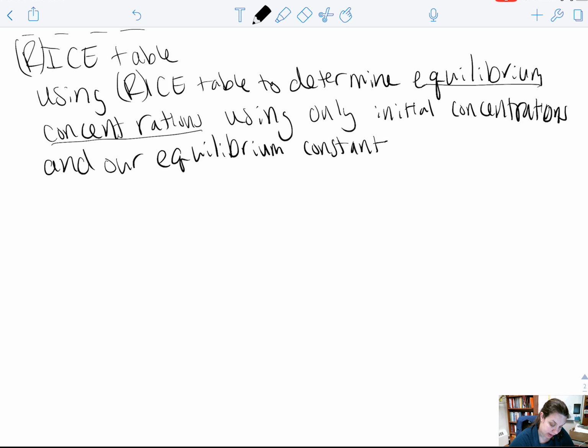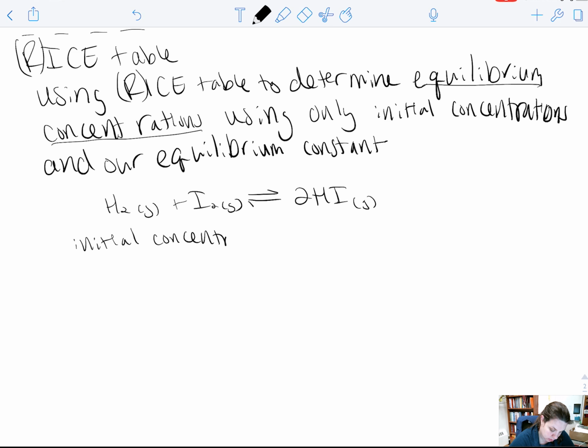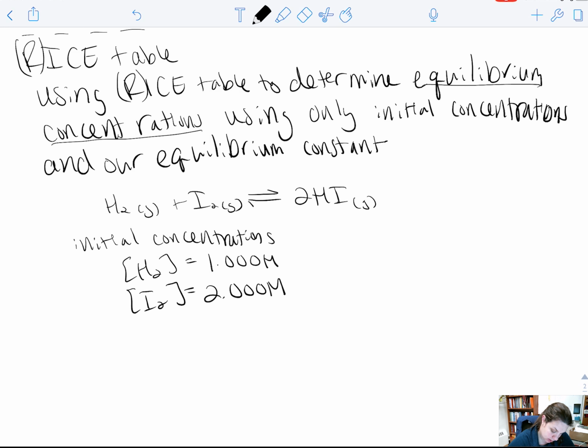But let's take the following data. We have the same equation we've already looked at, H2 gas plus I2 gas going to 2HI gas, being super lazy. Our initial concentrations are as follows. H2 is equal to 1.000 molar, I2 is 2.000 molar, and HI is 0 molar.